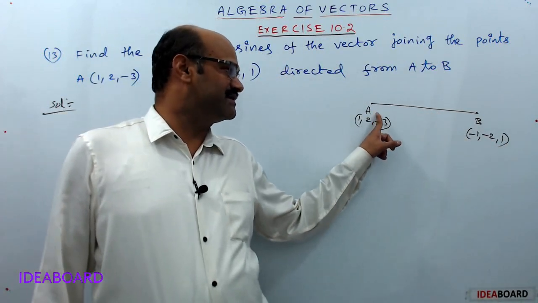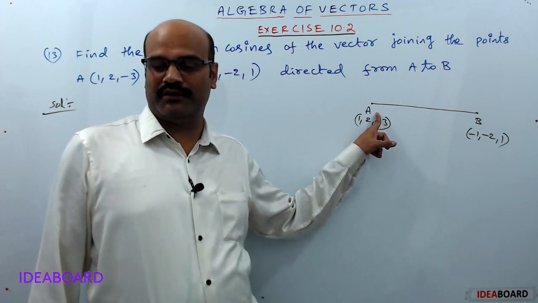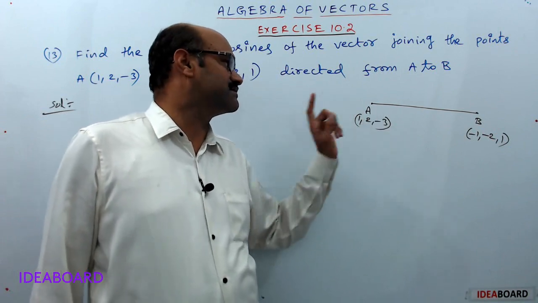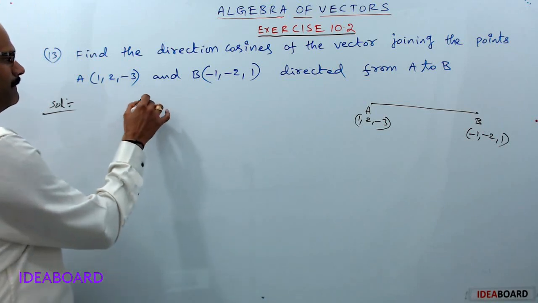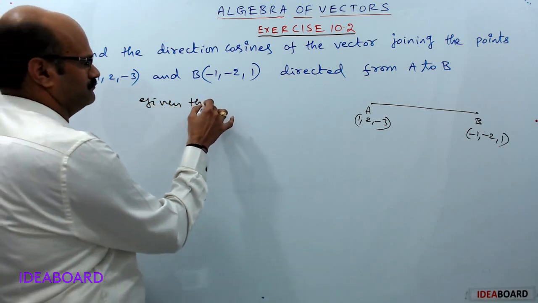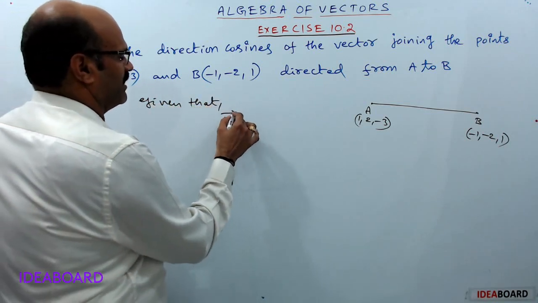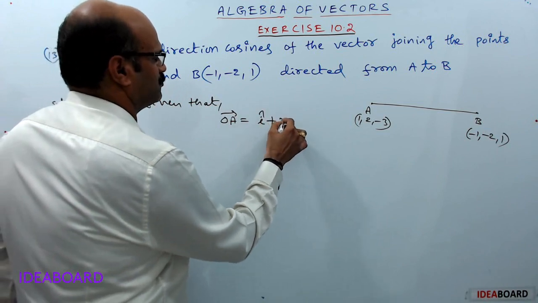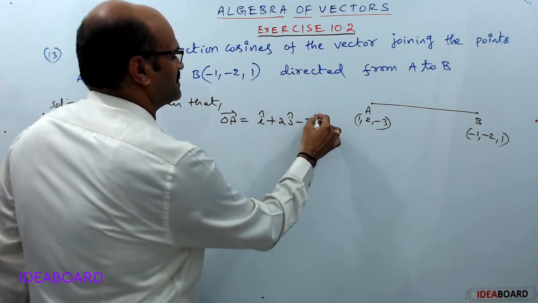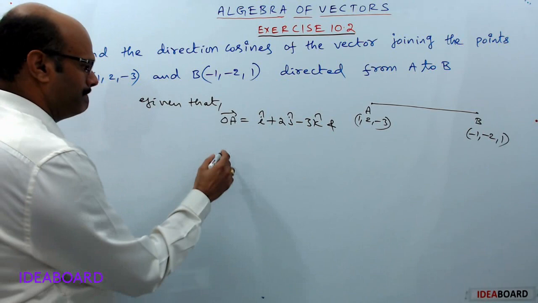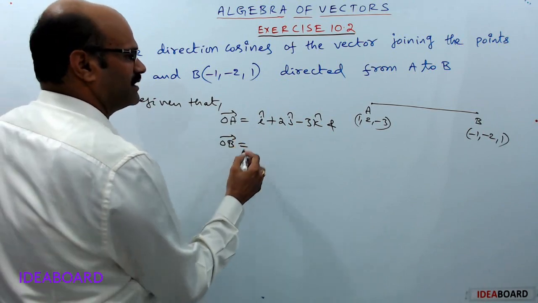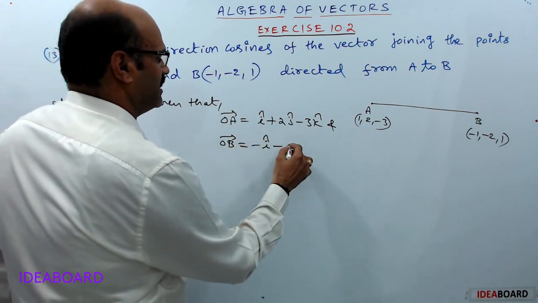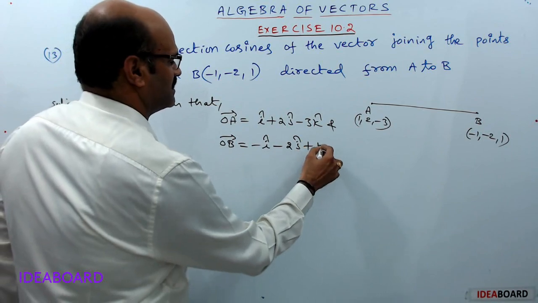Whenever a point is given, immediately we have to take the position vector. Given that OA vector equals i cap plus 2j cap minus 3k cap, and OB vector equals minus i cap minus 2j cap plus k cap.